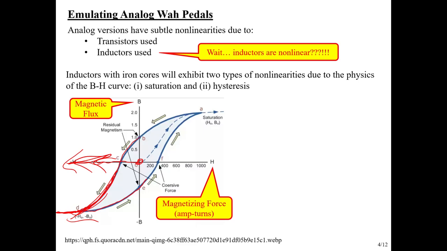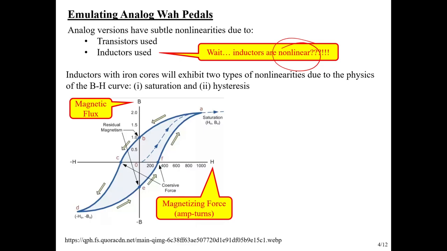Again, that's due to the residual magnetism of the core. Once we're operating, we never go back onto that starting curve. We're just constantly going back and forth on this kind of F-hole shaped curve. That's called hysteresis. Both of those effects, saturation and hysteresis, are shown on this curve, and they both contribute to the nonlinearities of inductors.